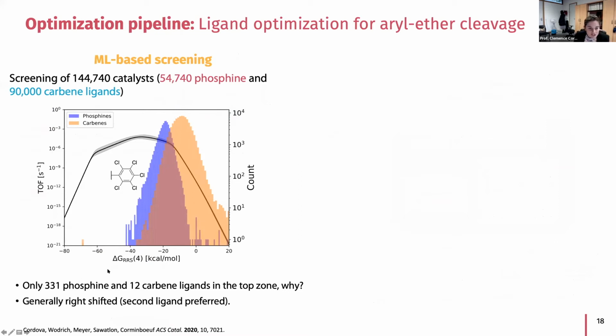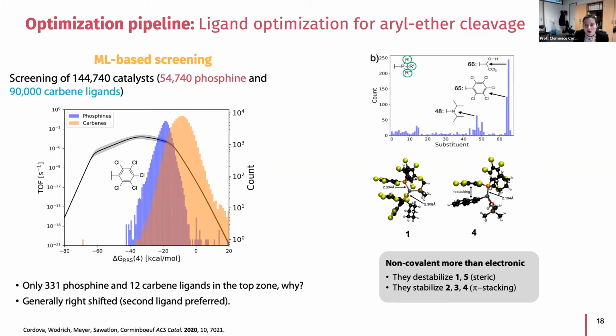And what is interesting to see, and it's very different from Suzuki cross-coupling, for instance, where you have a lot of catalysts that appear in the top of the volcano. Here, you clearly see a shift toward the right.